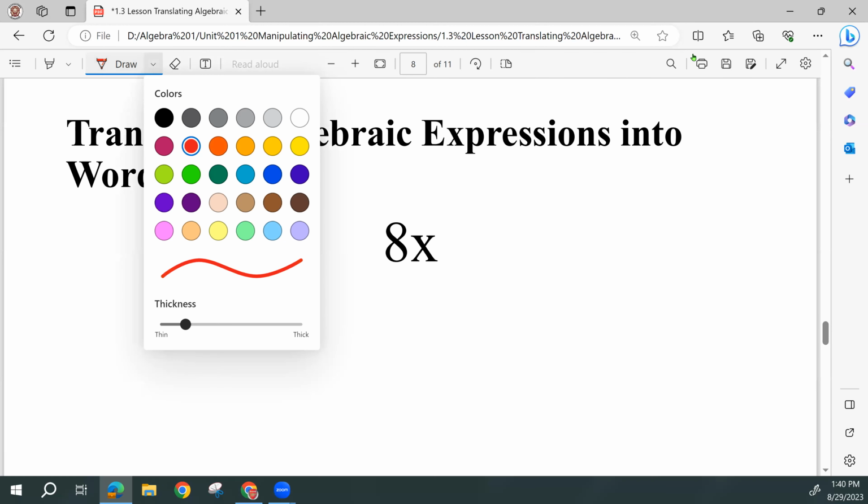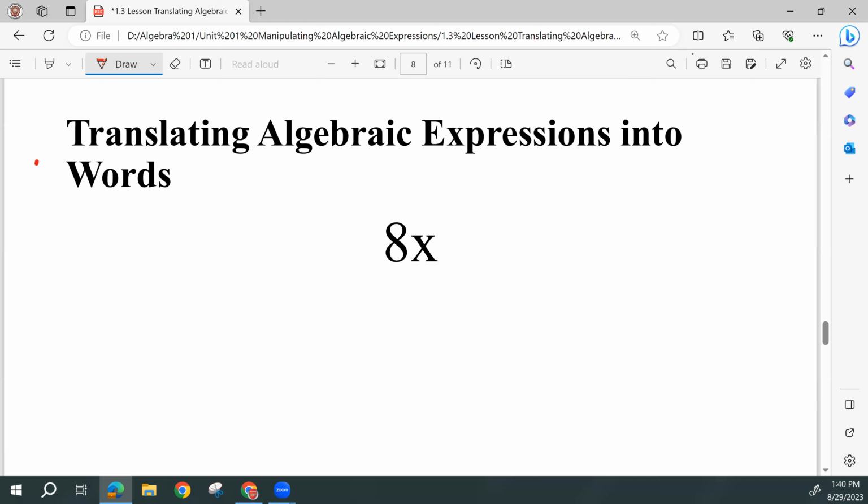Here we're going to do the opposite. We have 8x, and we want to write that in words. So we have to decide what operation's happening here. Well, we're multiplying. And we have some words that you should have written down that represent multiply. We've used it a couple times now. The word product means to multiply. When we refer to x, we refer to a number. And then 8 is just 8.